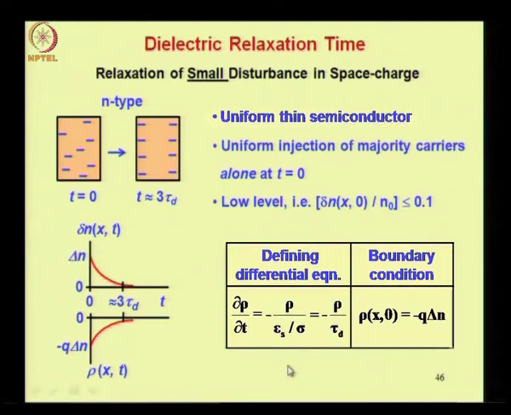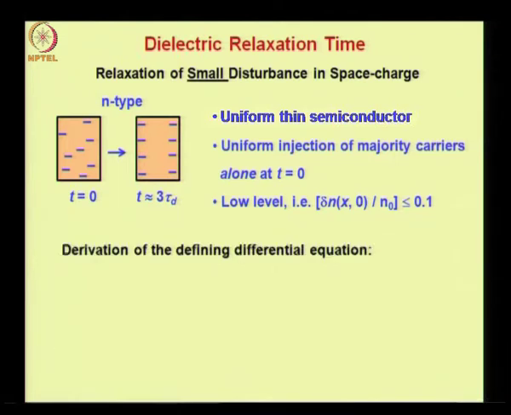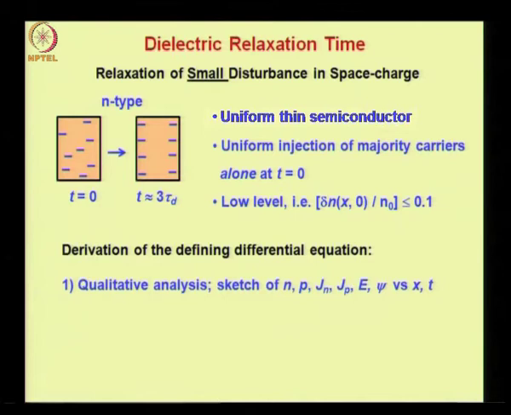Now let us explain how this decay will happen. So again, to derive the defining differential equation, we will first do a qualitative analysis and sketch these quantities as a function of x and t.